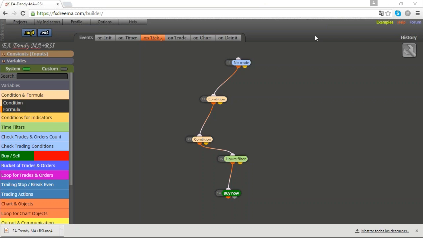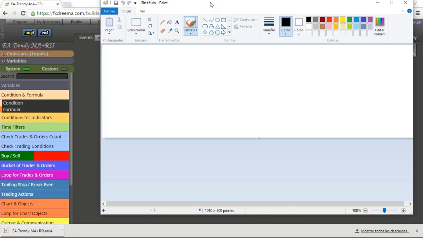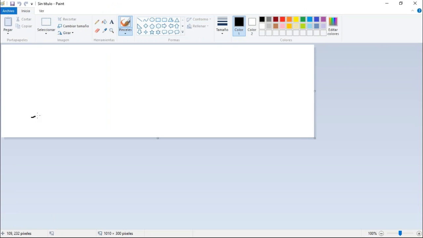Yeah, that's what you're asking. Well, the trick about pullbacks is a very good question, actually. Let me draw here with Paint. So, very smart question. Sorry, the Paint is in Spanish, but you will understand when I draw, right?